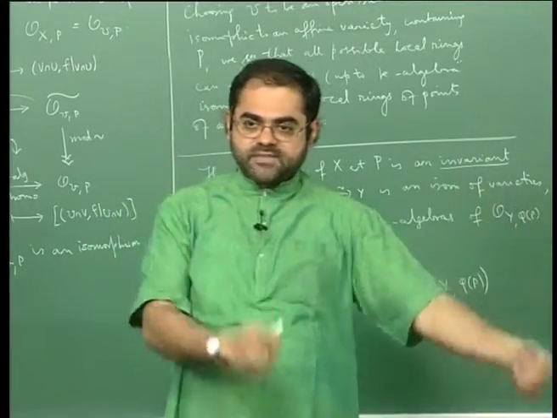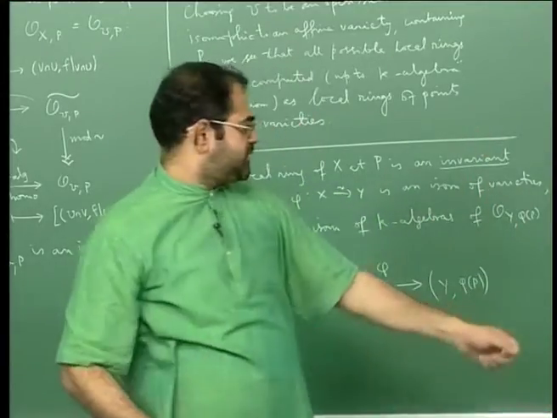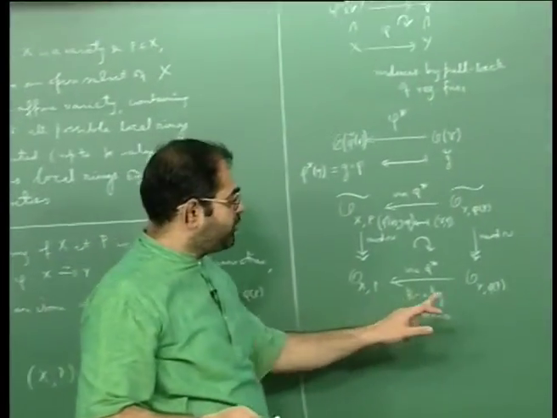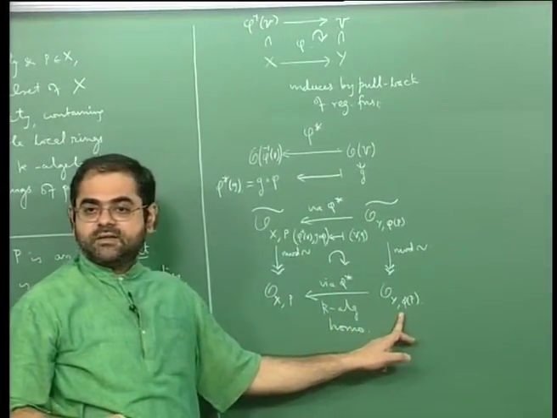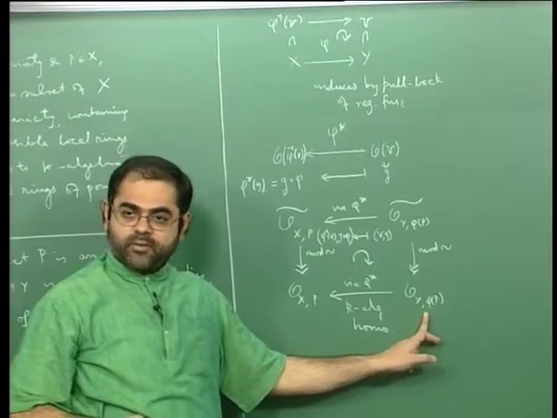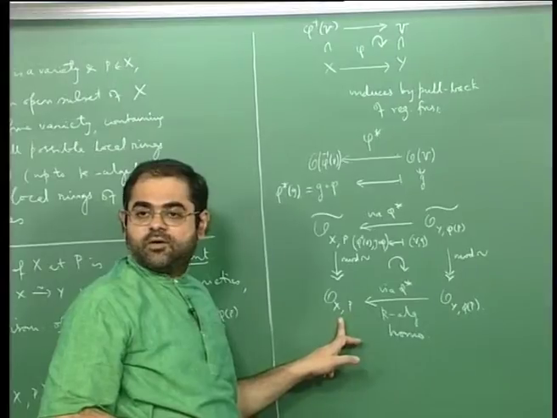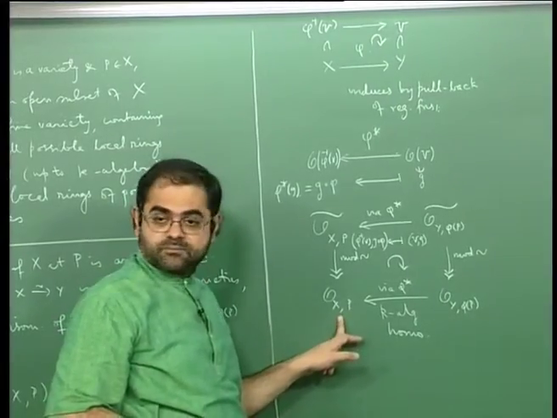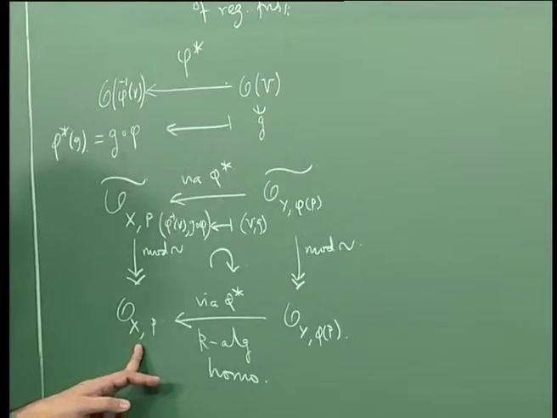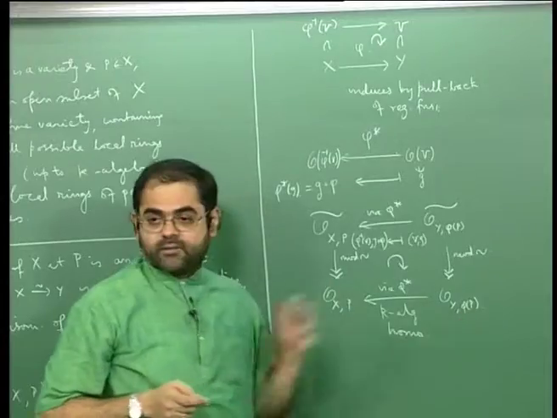If you take the infinitesimal version, it is going to pull back germs of regular functions on the target at a point to germs of regular functions at the source, at the point of the source which corresponds to the target point.